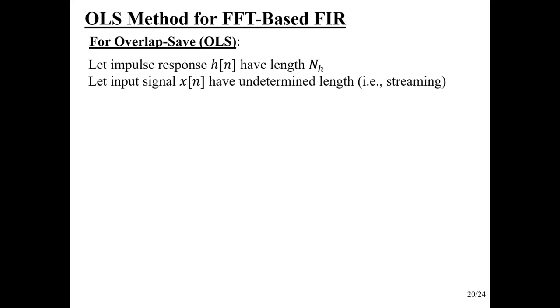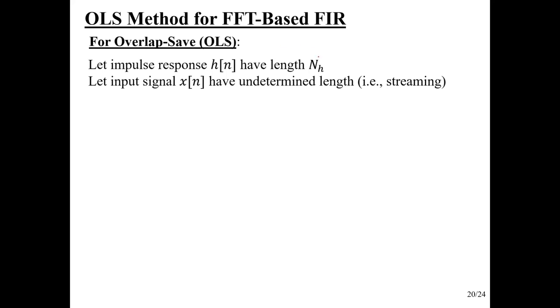So we're going to have to learn how to take the right stuff out. And what that means is we don't have as much stuff coming out from each FFT as we did for overlap add. So we need to make sure that we do this block processing often enough so that we get all the outputs that we need. So what we need is the input blocks to overlap, because we need to go back and catch things that had been thrown away because they were wrongly computed from the previous block.